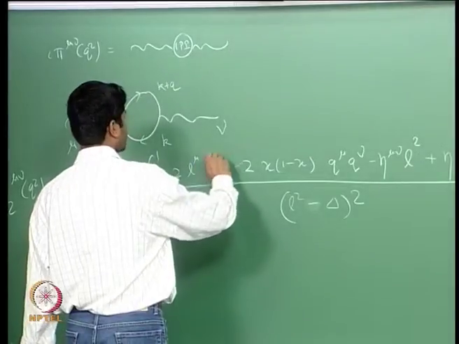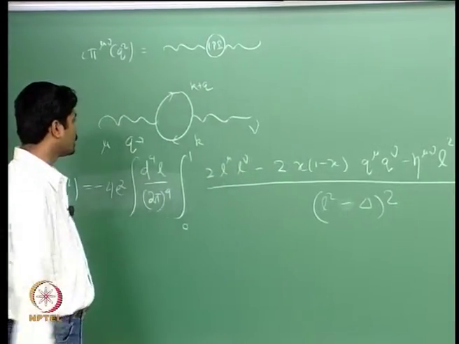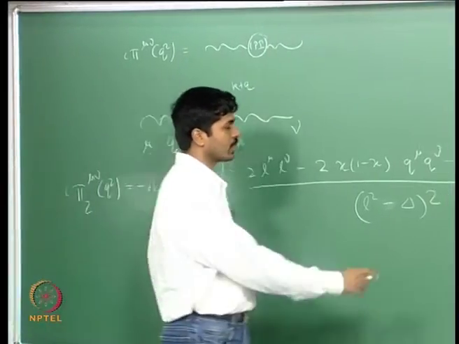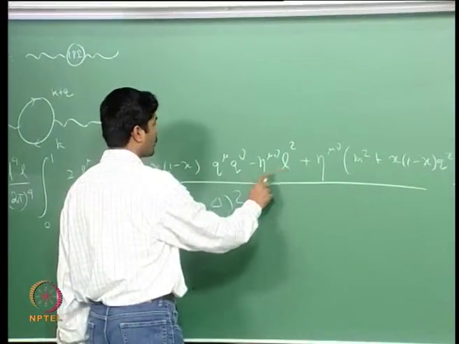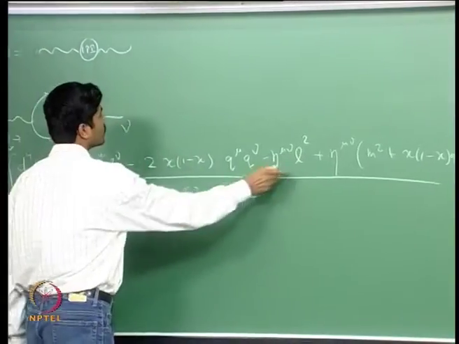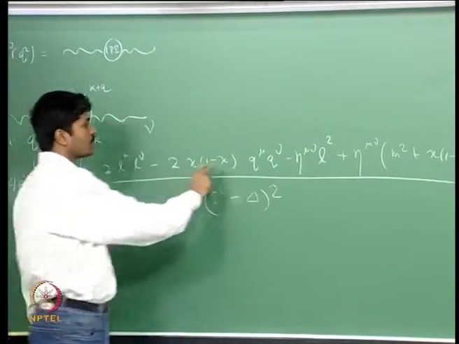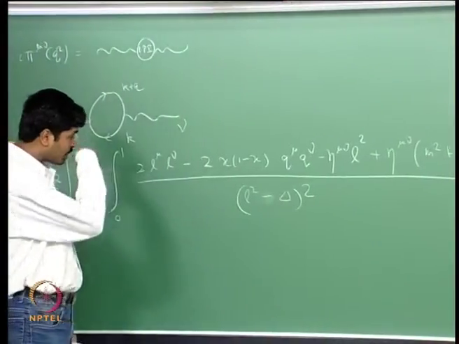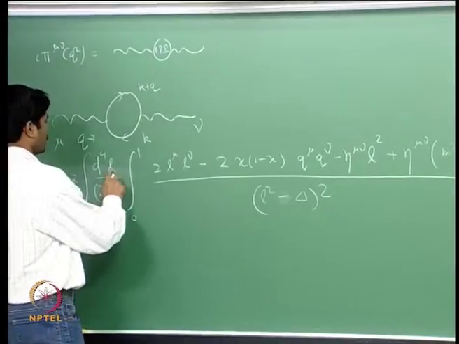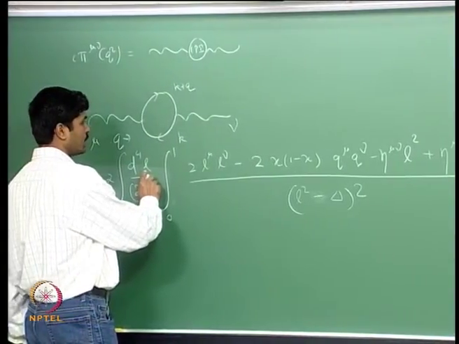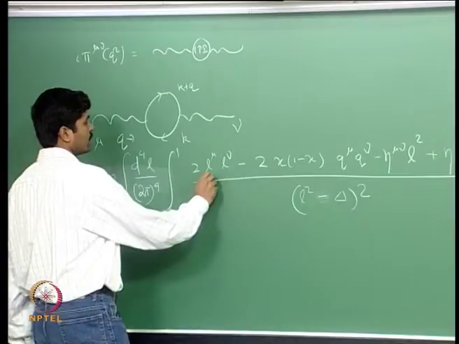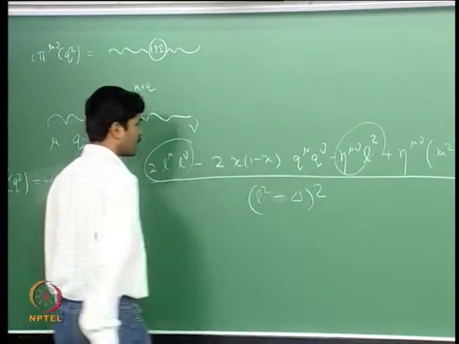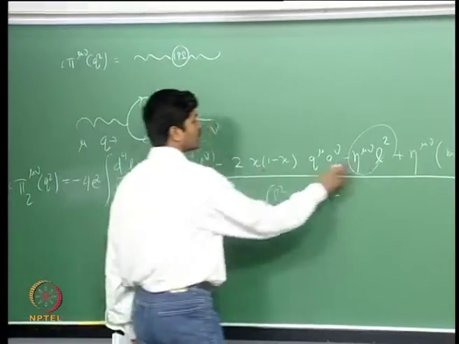What I would like to emphasize here is that when you consider the large momentum behavior of this integration, in the limit when L tends to infinity, these two terms are dominant compared to these two terms here. You can do a power counting here. Dimensional analysis says that the term here as well as here will be quadratically divergent, whereas these two terms will not be.